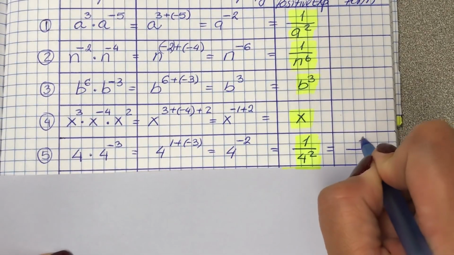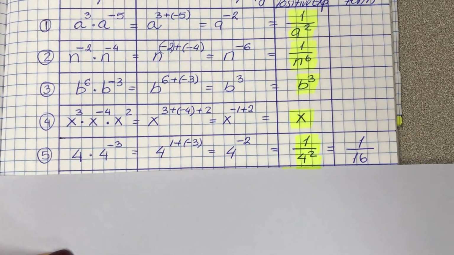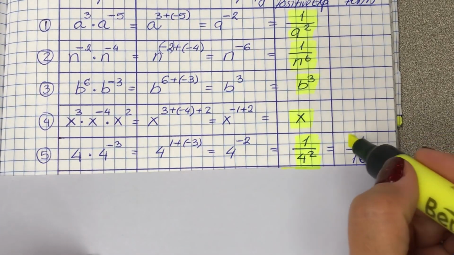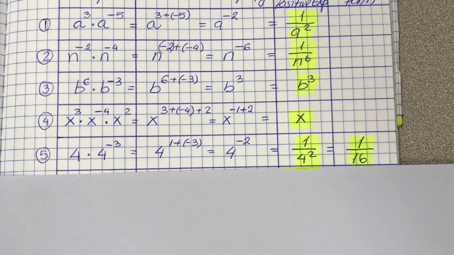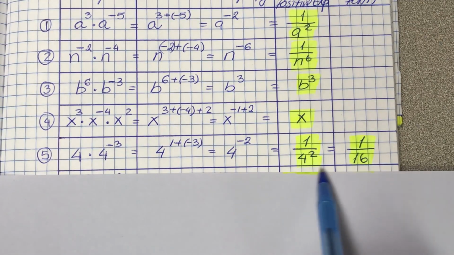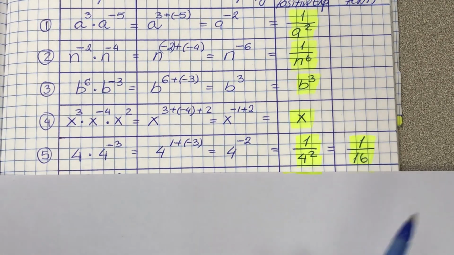So this is called standard form, when we can actually solve further. So 1 over 4 to the second power is 1 over 4 times 4, which is 1/16. So the answer containing positive exponents is an answer in exponential form, and then that can be solved into standard form.